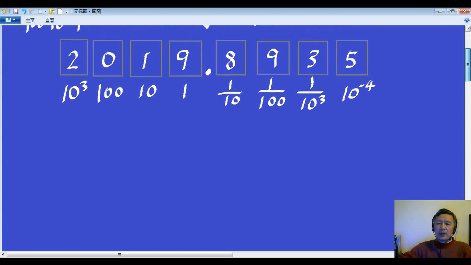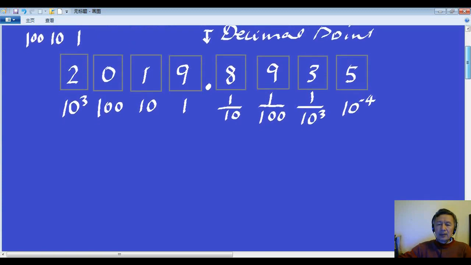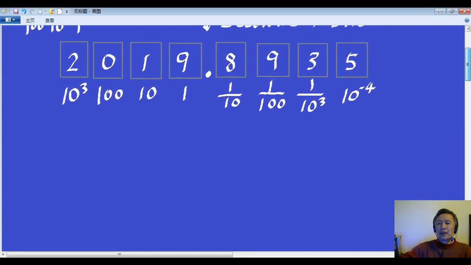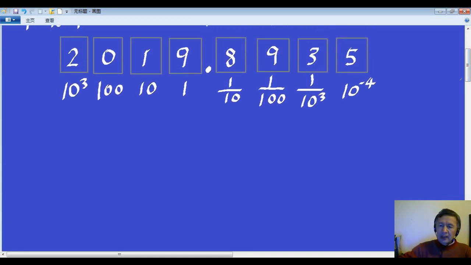Of course, normally we take this for granted, so we don't have to draw these boxes, and we just assume that everyone accepts and understands this convention of notation of big numbers.